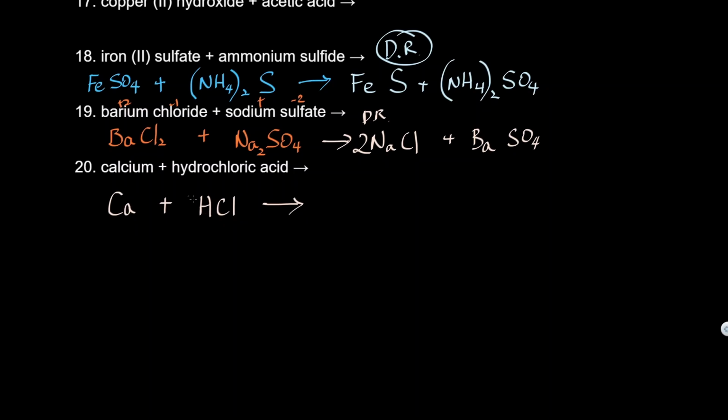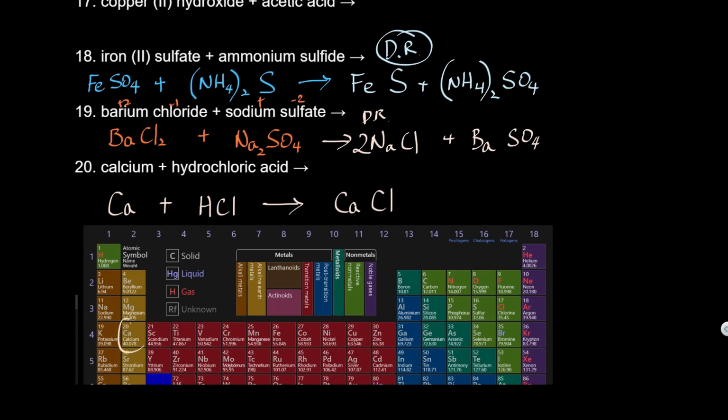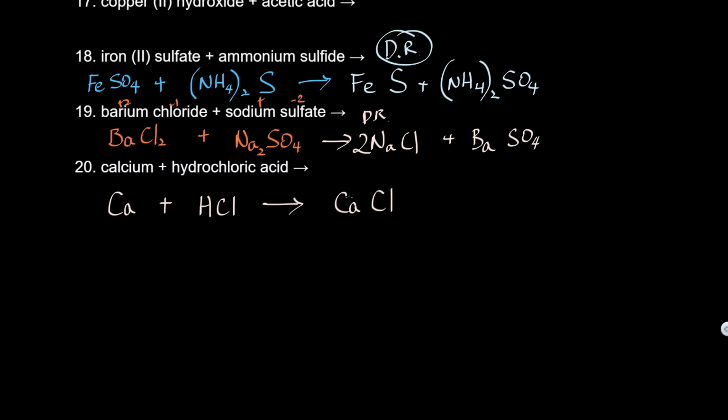So Ca will kick out H and bind with Cl, but calcium, since it's in the second row, has +2 charge when it becomes an ion. And then Cl is -1 charge. So what's going to happen is that Ca, you need 2 Cl's, okay, and then that H is one of those diatomic molecules, so it always exists as H2.